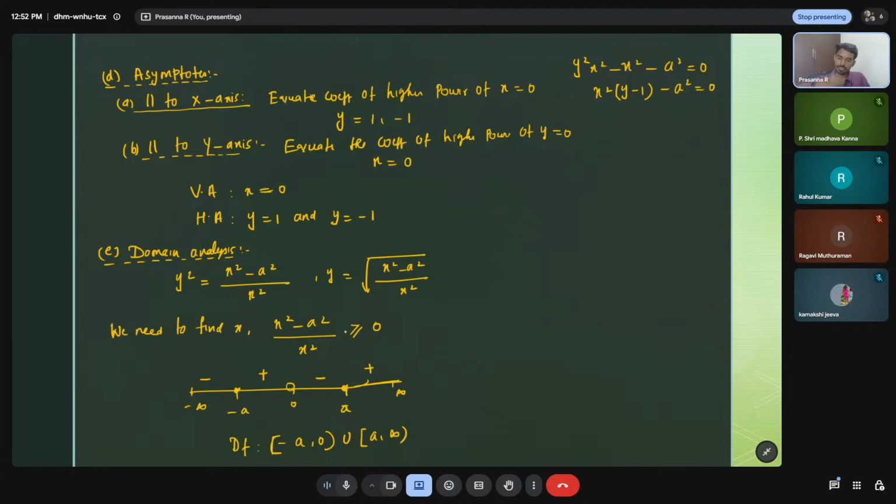So x square minus a square. If you put a plus 1, then a plus 1 whole square minus a square is positive. A square is positive.